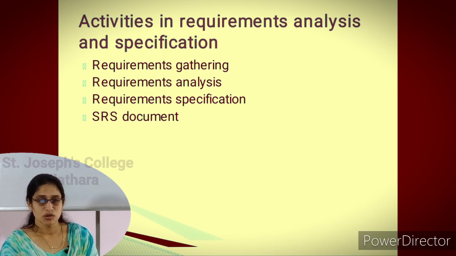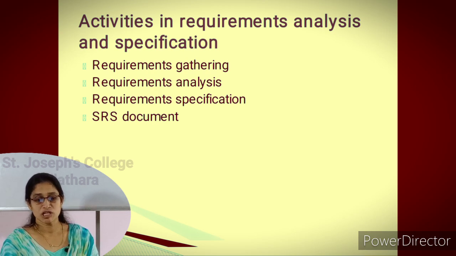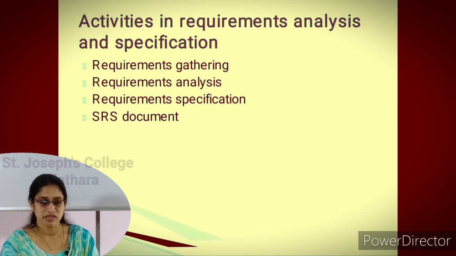But then during requirements specification, we find that there are still requirements problems, and might do requirements analysis and again requirements gathering. So these all are an iterative set of activities, and at the end of the requirements specification, we have the SRS document.